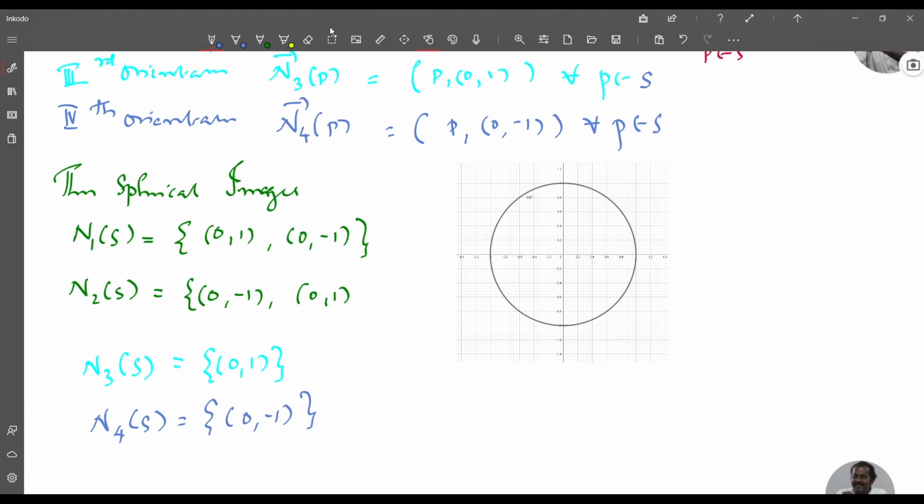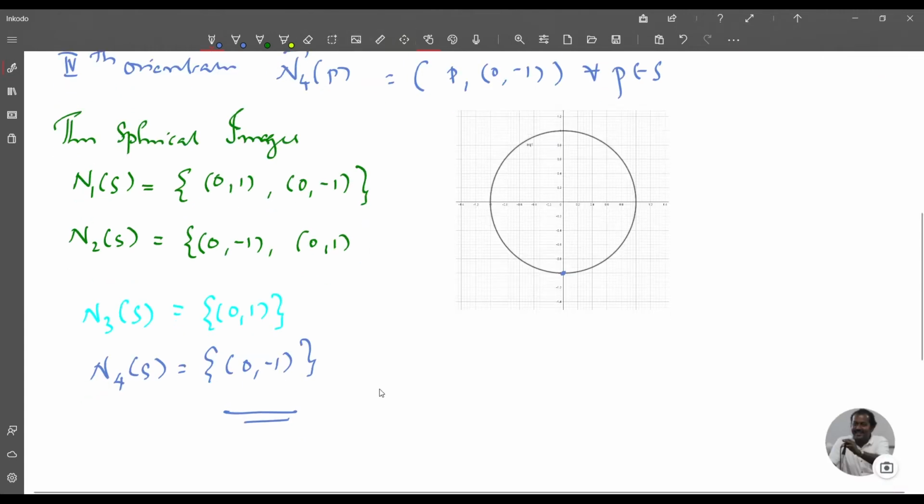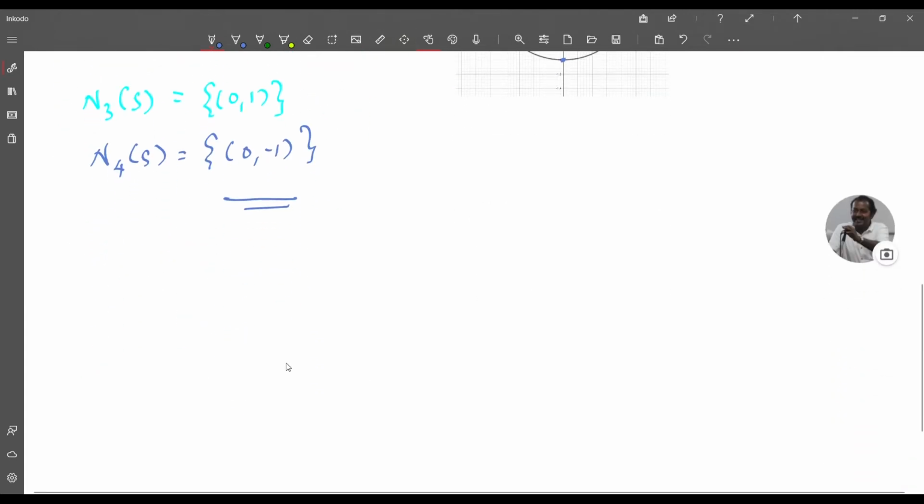So this is this point. So these are the four spherical images corresponding to these four orientations. So this you can write as a remark.